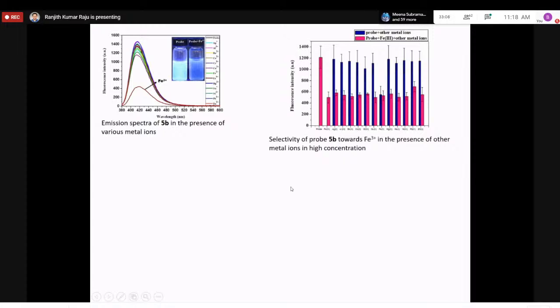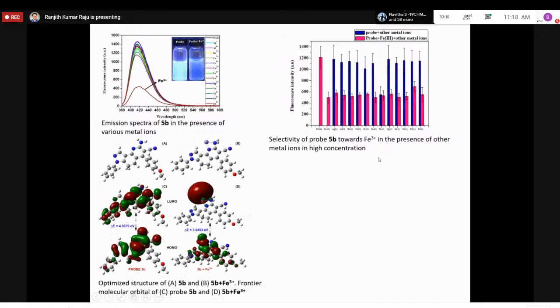In the presence of other metals, we found that this compound was selective to detect Fe3+ alone. And we proposed the quenching mechanism. Initially, the fluorescence was turned on because of the ICT involved between the.